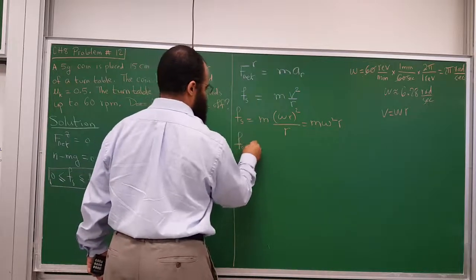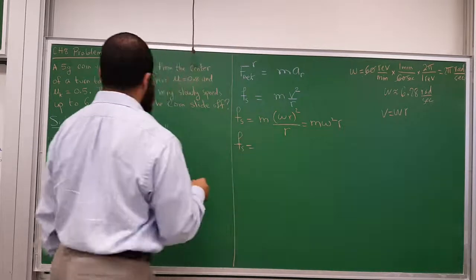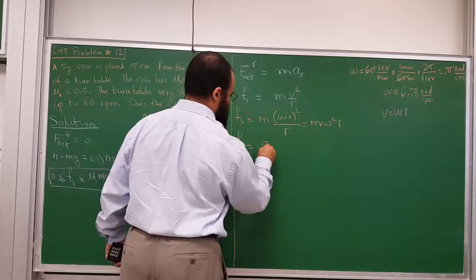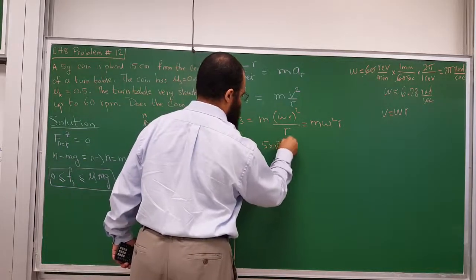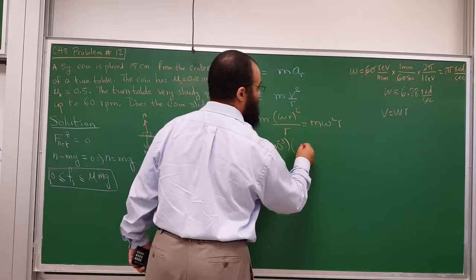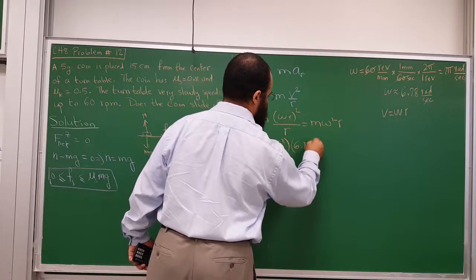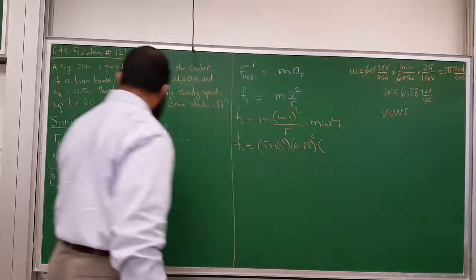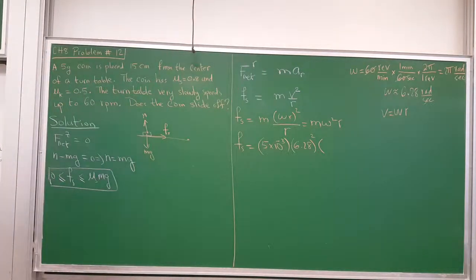So the force of static friction needed is m. What's the mass? 5 grams. So that's 5 times 10 to the minus 3 kilograms, because it's grams. Omega is 2π, so that's 6.28, and you have to square it. And then r, what is r?